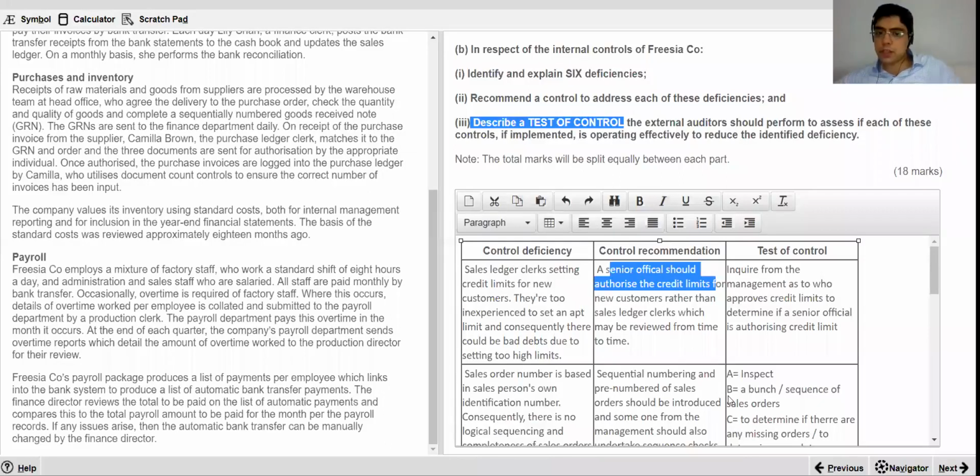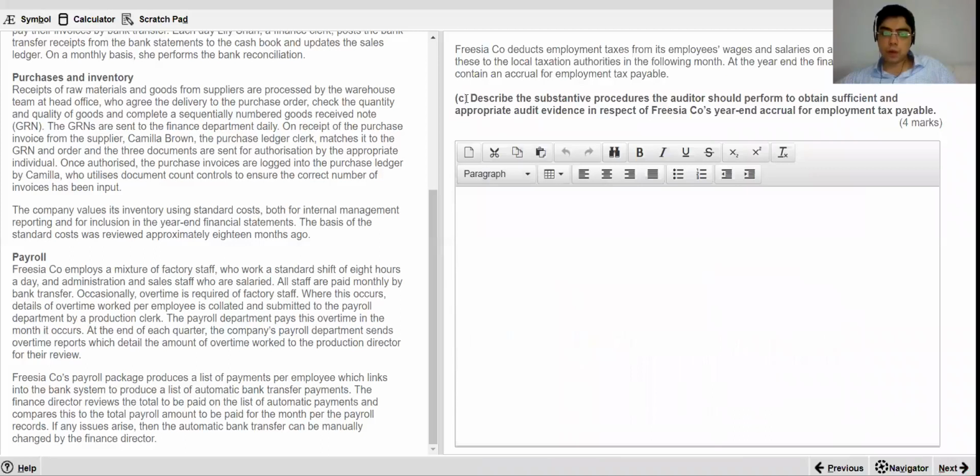Now, let us proceed to the next part of the paper, and that is: Frisia Co deducts employment taxes from its employees' wages and salaries on a monthly basis. That happens in most countries. It pays these to the local taxation authorities in the following month. At the year end, the financial statements will contain an accrual for employment tax payable.